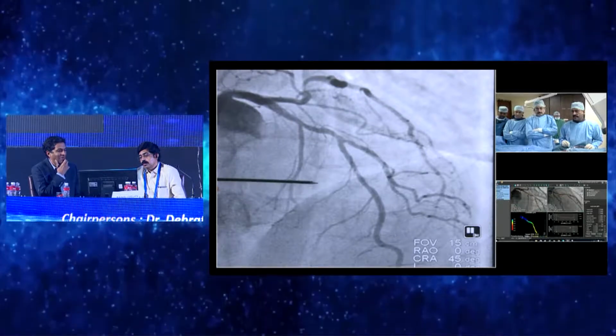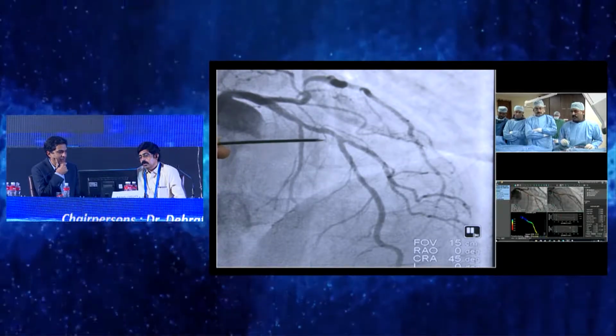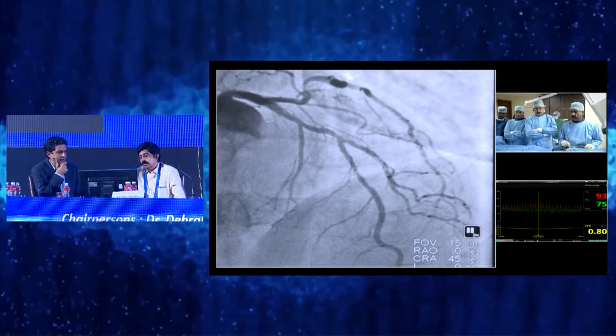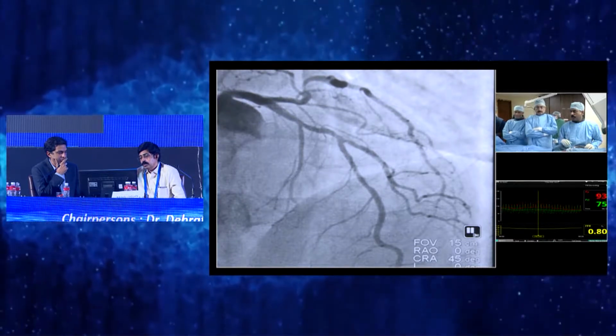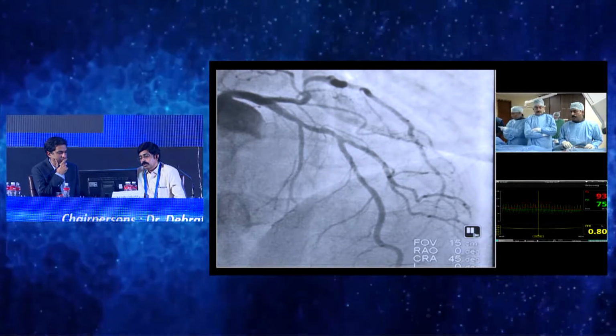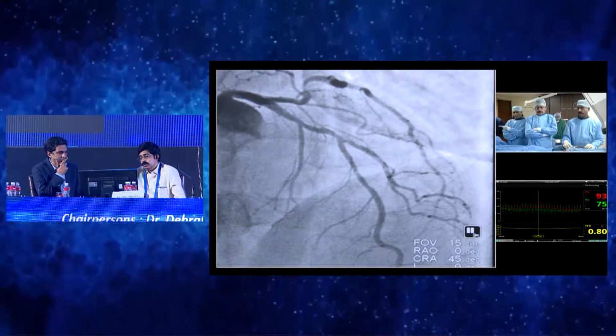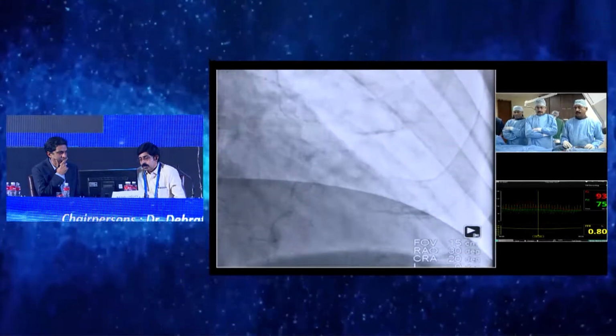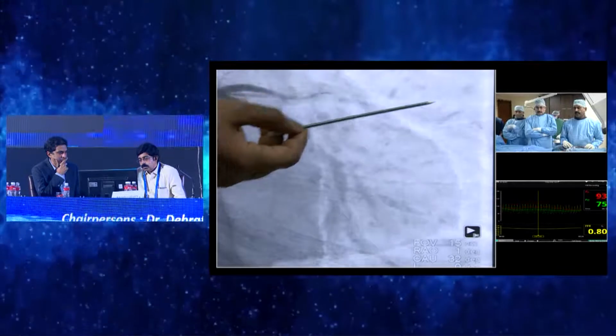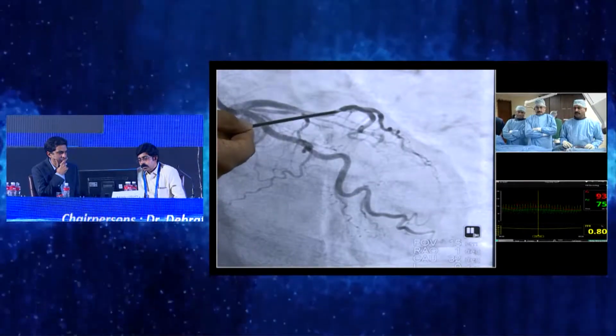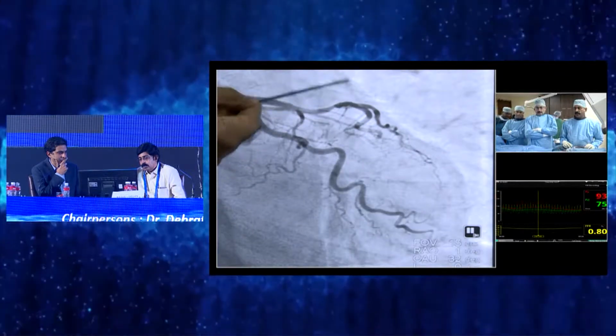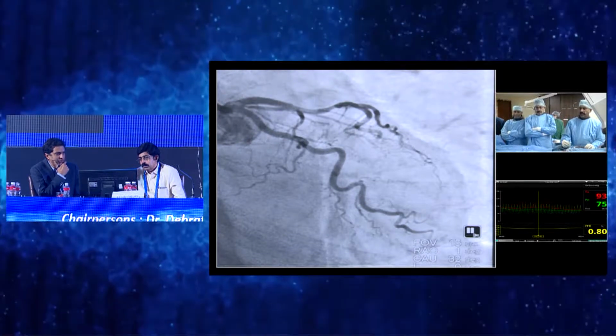In the AP caudal view, at the point of the bend, it again looks a little more significant. Can you appreciate that? Yeah, definitely, there are two places.